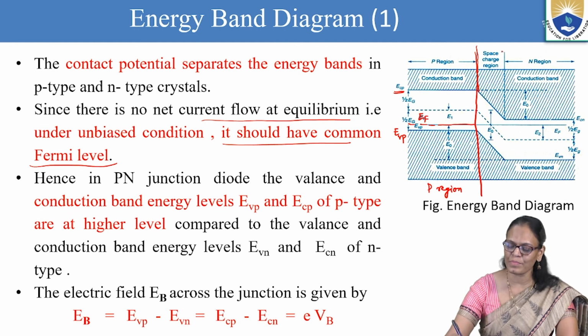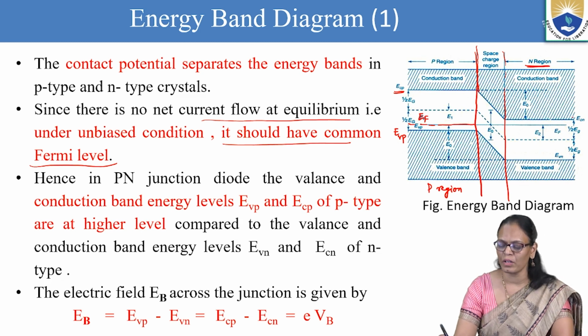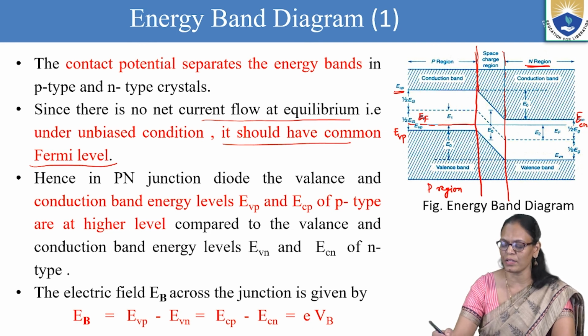Now when it comes to the n region, this is the n region. In n region, what we have here is ECN, the lowest level in the conduction band in n region, and this is EVN, the topmost level of the valence band in the n region. And on the n side, the Fermi level lies very close to the conduction band.